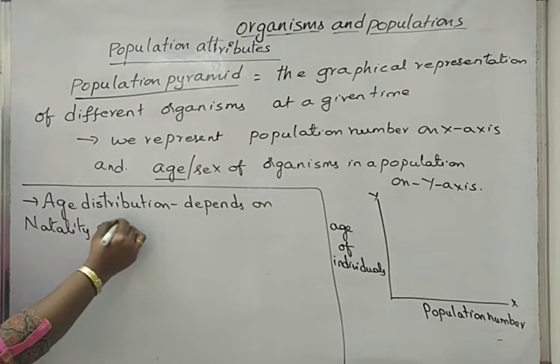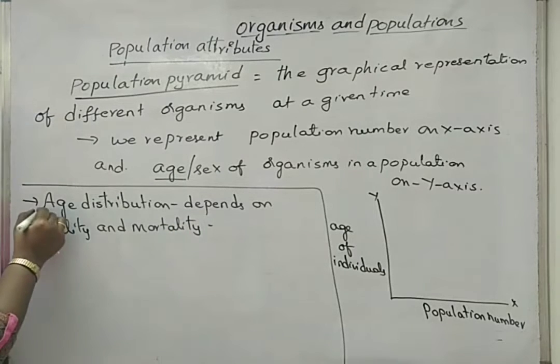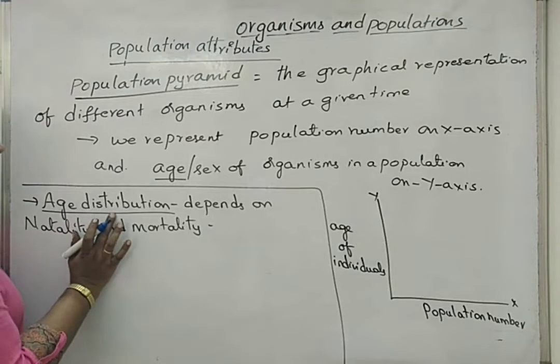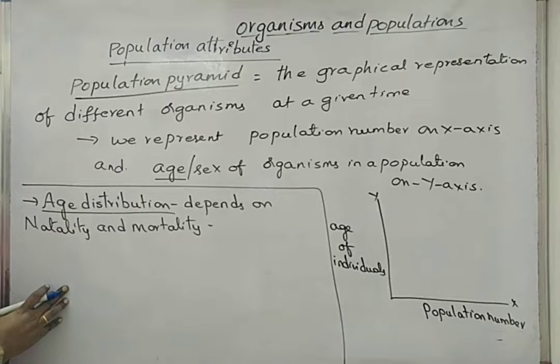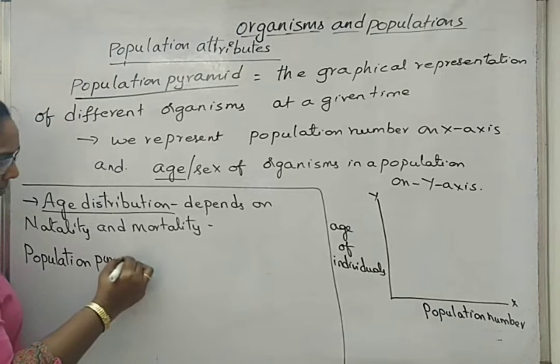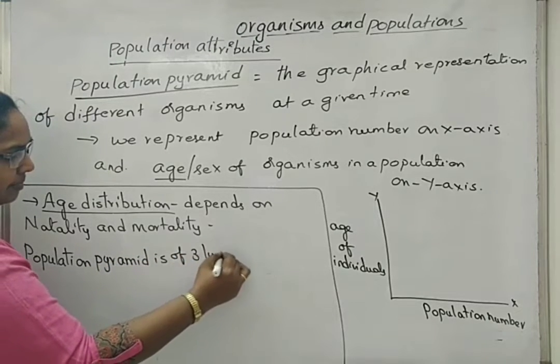This age distribution, or the population age distribution of this population pyramid, is of 3 types. So we will write, population pyramid is of 3 types.